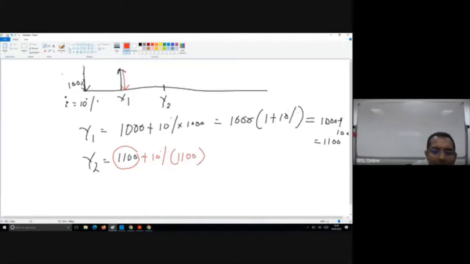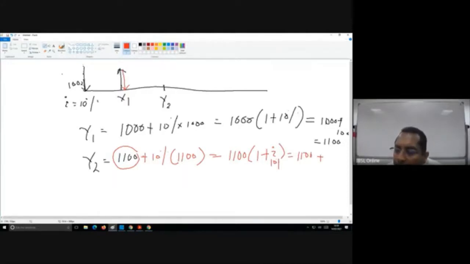Then we take 1100 times (1 plus I), which is 10%. This equals 1100 plus 110.